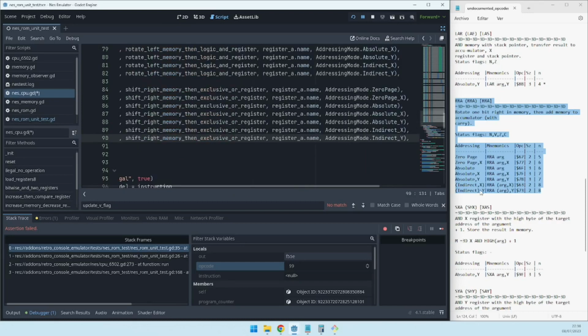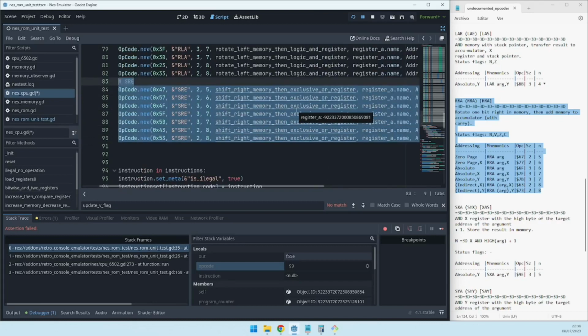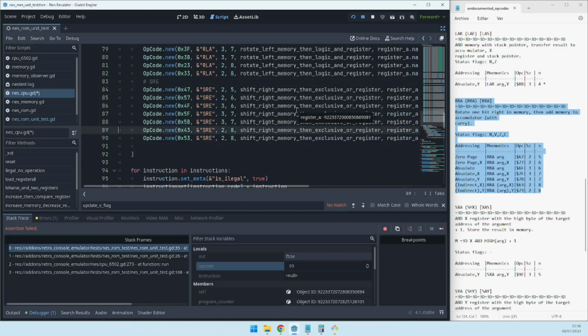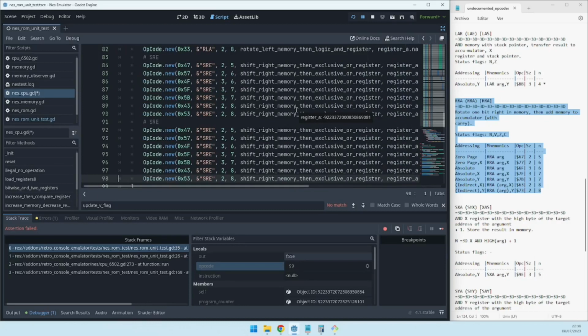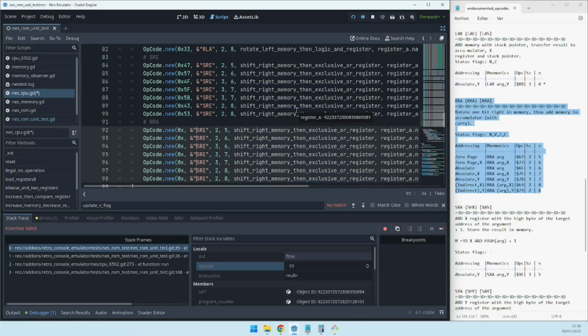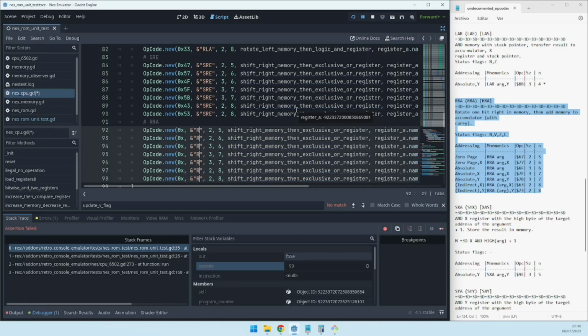So it has the same 7 instructions, so I will just copy this. Paste. And this one is RRA. Remove the opcodes. Rename to RRA.